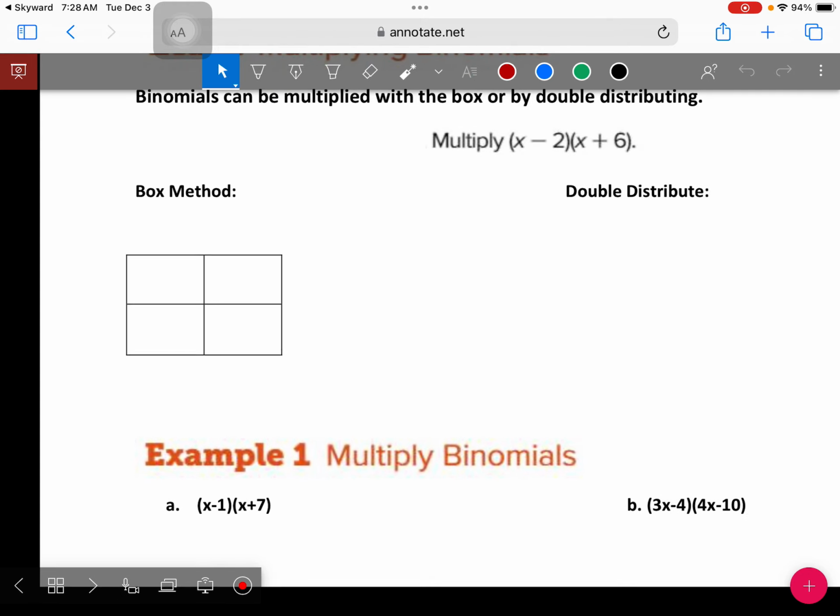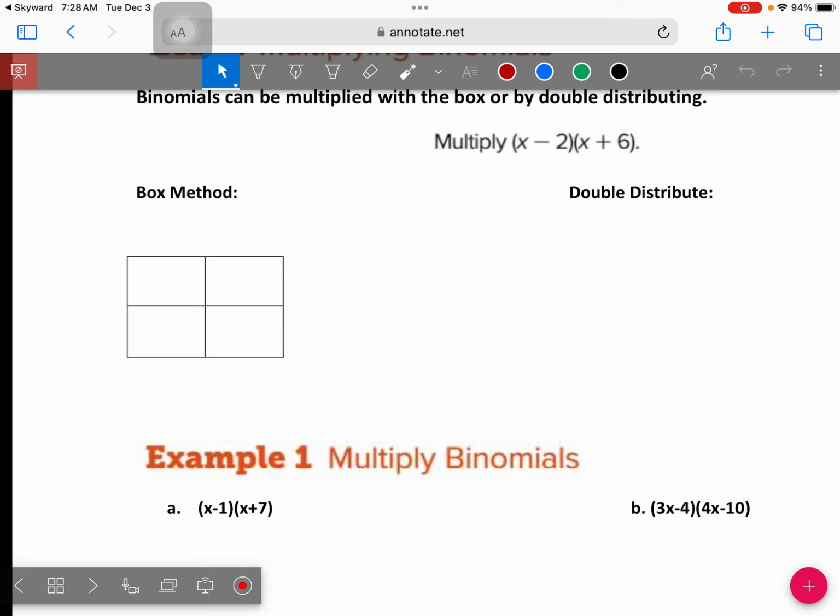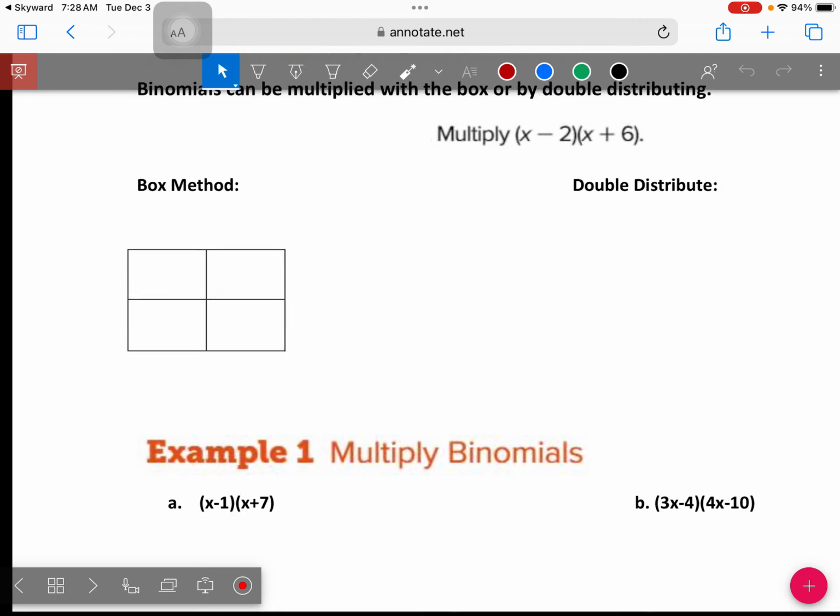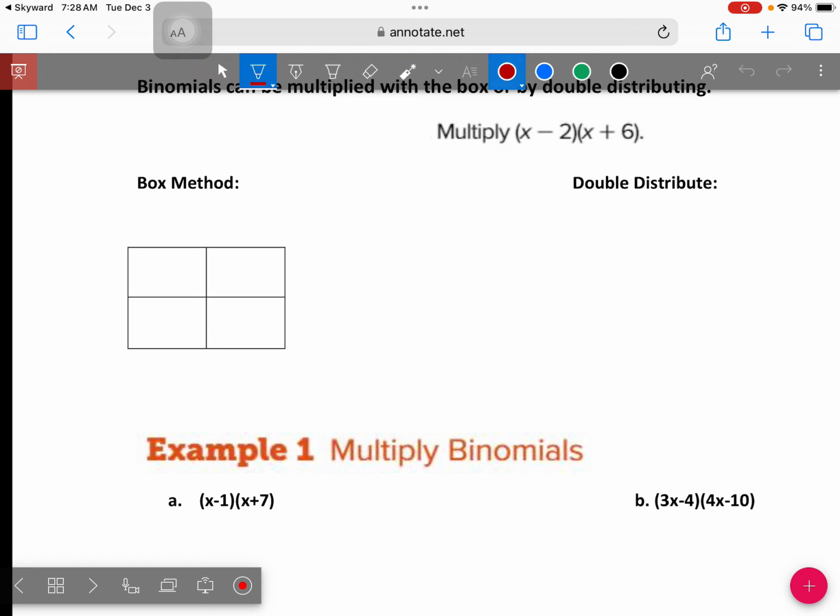So first of all, we're going to learn the box method. This is page 8, okay? So x minus 2, what you're going to do is put, I would say, the first one up on the top. So the x goes above the box here, and the minus goes above the vertical line, and then we have 2.